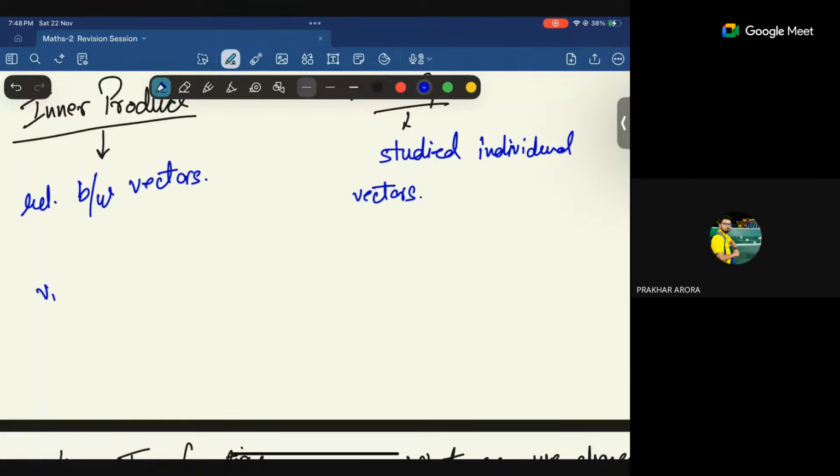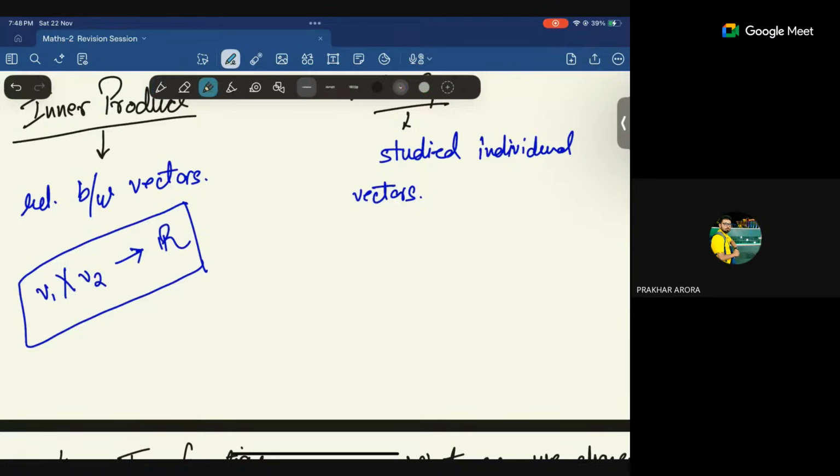You take these two vectors and you give out a real number. This is called a vector product. Anything that takes two vectors as input and gives out a real number as output is called a product. Sorry, not yet an inner product. This is just a relation here. Now there are some properties to be followed to be called an inner product. This is just a product. Inner product means some special properties.